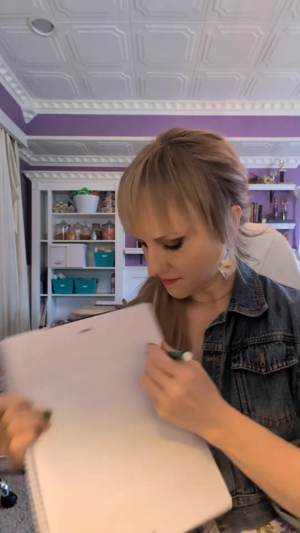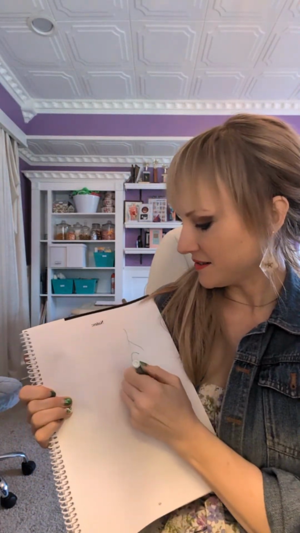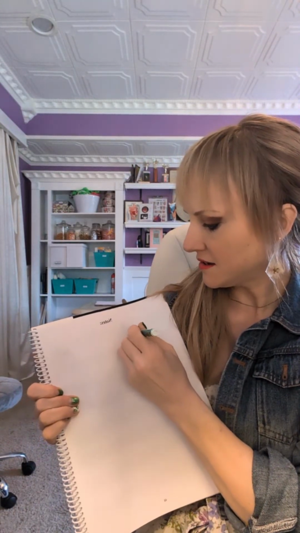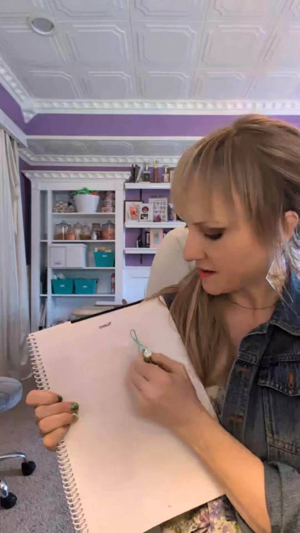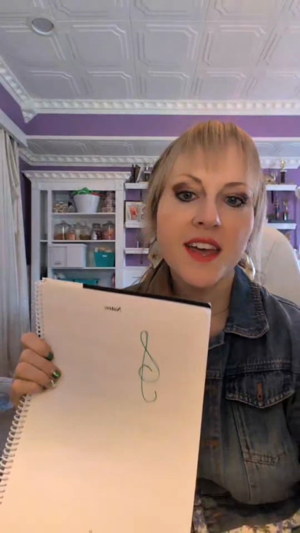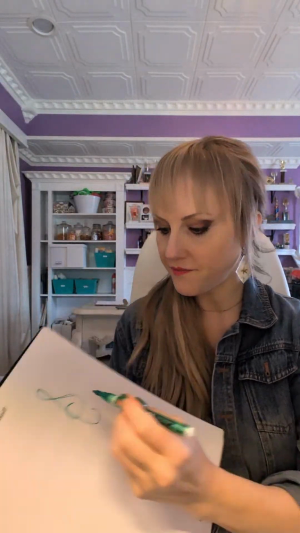Okay. So, this symbol that I'm going to draw here is called what? Do you know the name? Treble clef. That's right, treble clef. And do you know why the treble clef is called the treble clef?